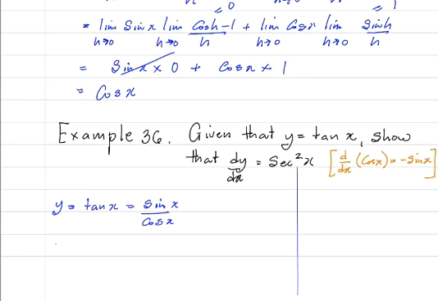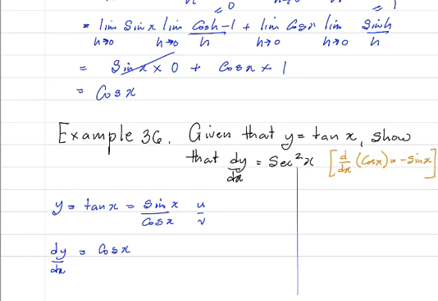So dy by dx would be equal to v, which is cosine x, du by dx. So remember, u is sine x and v is cosine x. So from the quotient rule, if you differentiate u over v, you're going to get v du by dx. So du by dx would be what happens when you differentiate sine x.